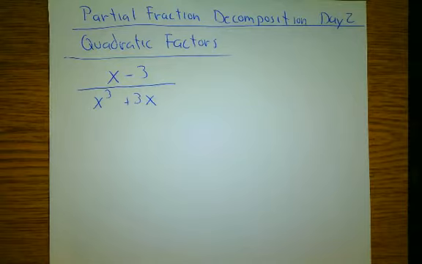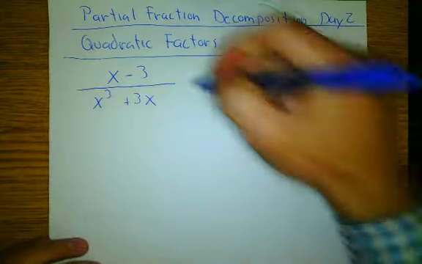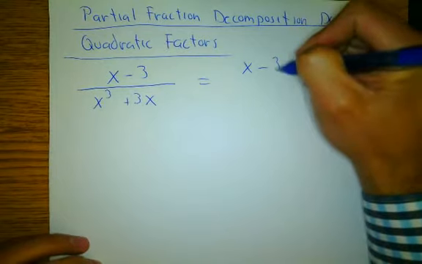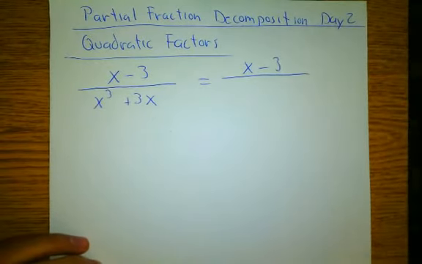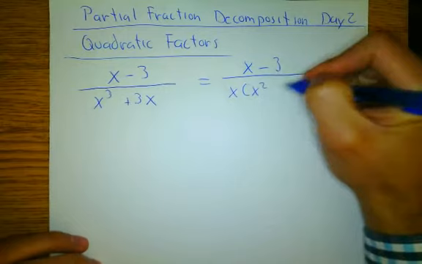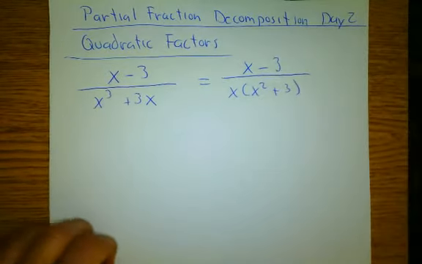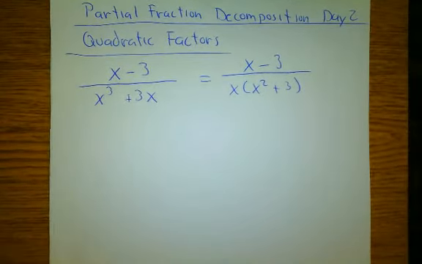Okay? The first step when we're doing this was to factor out the denominator. That's still your first step. It doesn't change. If you factor out the denominator, you get x times x squared plus 3. Agreed? Okay. When I look at that x squared plus 3, it is factorable.